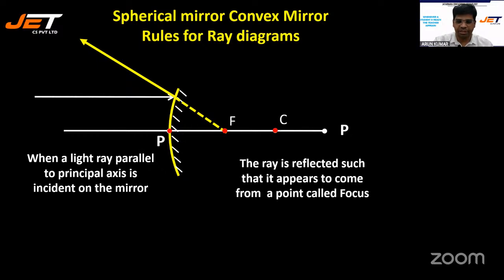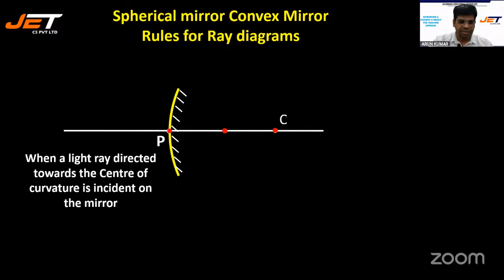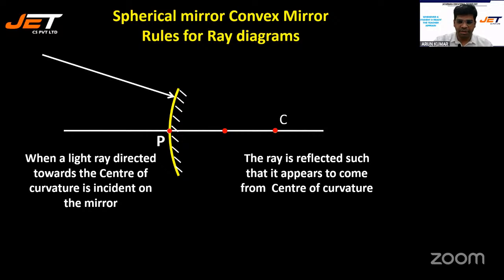All right. Now let's see what happens. What's the other rule? When the light ray is directed towards the center of curvature, it gets reflected such that it retraces the path, and it appears to pass through the center of curvature like this. I repeat this rule.